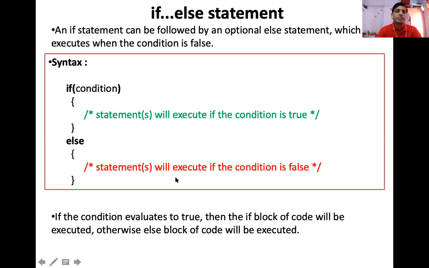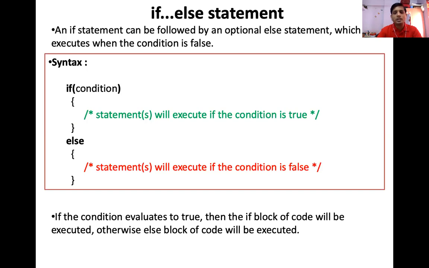Now the next statement, that is a very easy one, and is related to the last if statement. Only the else part gets attached here. There are some cases or programs in which we have two sets of statements. If that particular condition is true, we want to execute the first statement.